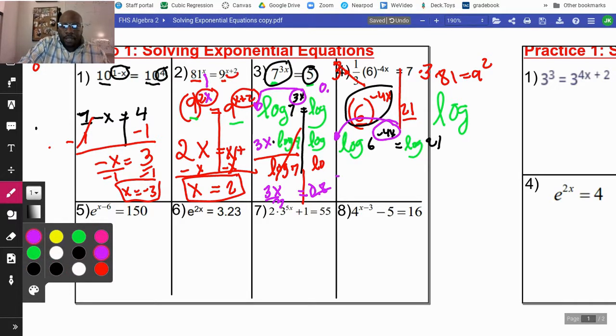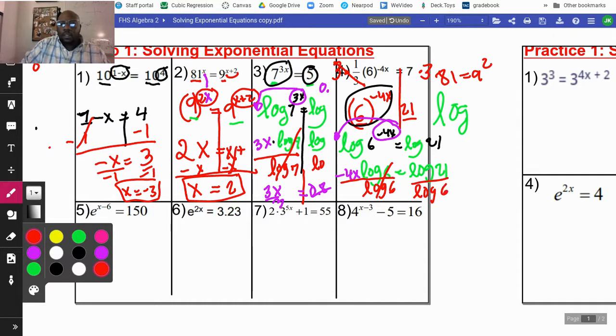So we should have negative 4x in the front, and you still have your log. This time I'm just going to write log 6 equals this one, log of 21. All right, and then you're going to solve, right? You're solving, so you just divide both sides by log 6. That goes out, log 6.